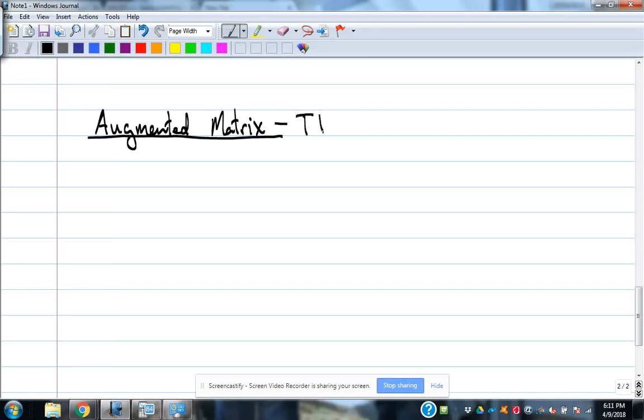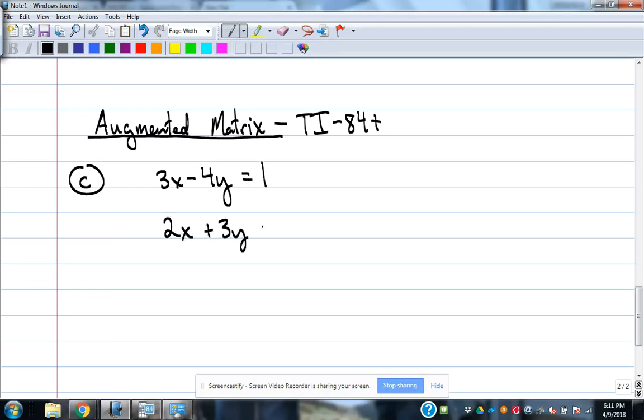You know, the TI-84 family. Okay. So we're going to take a system, 3x minus 4y equals 1, and then 2x plus 3y equals 12. That's our system of equations.